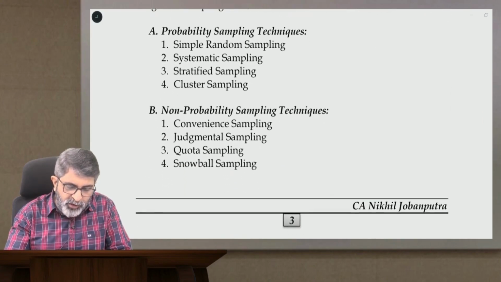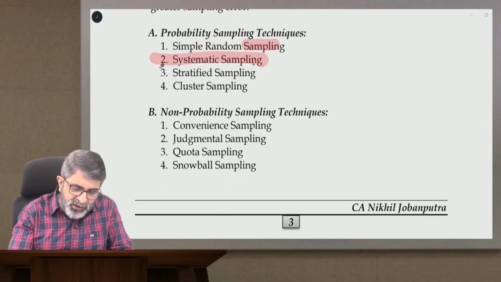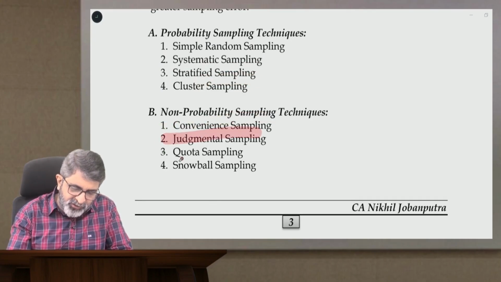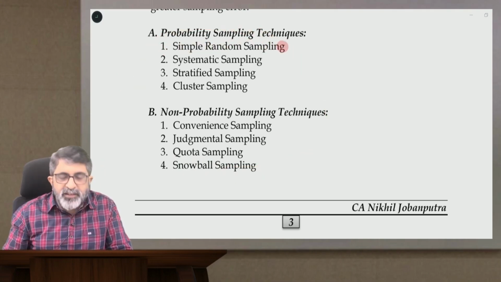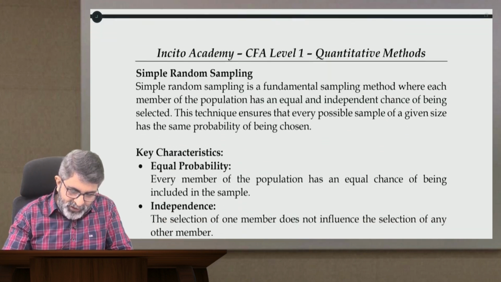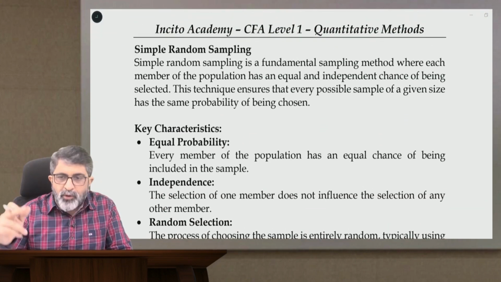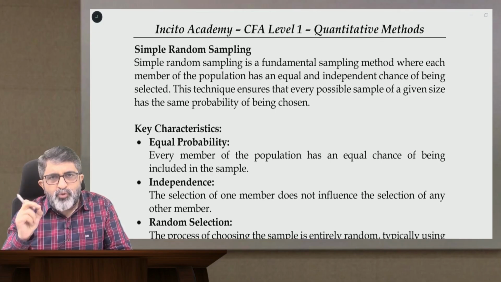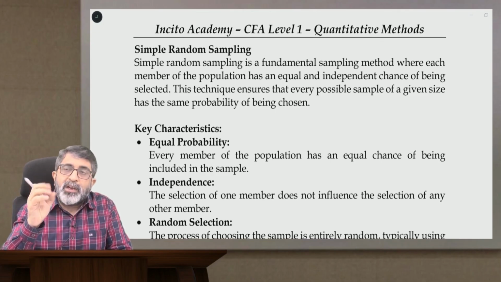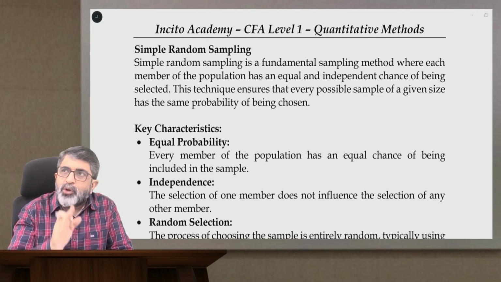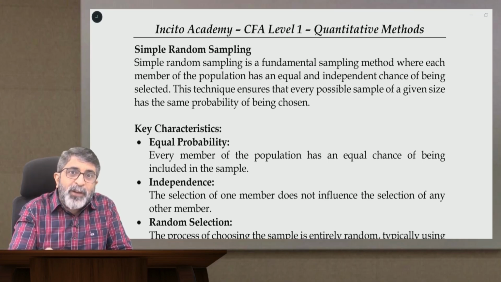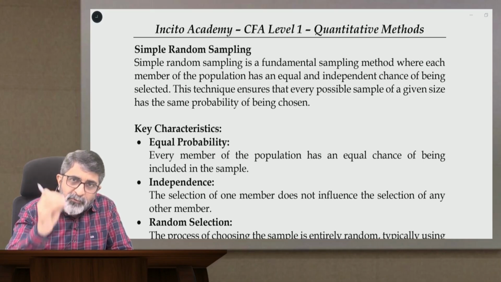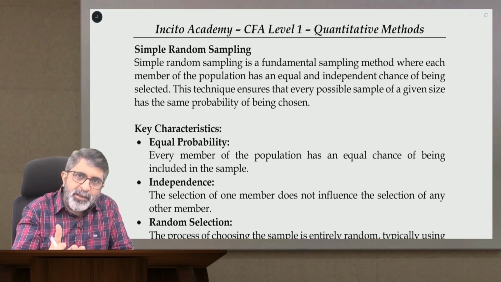This is how you make the broad categories for probability and non-probability sampling. But our focus will be to understand each of these sampling techniques. I'm sure you have already written this whole thing. So we start with simple random sampling. When I was explaining what exactly probability sampling is, simple random sampling is the most effective way of probability sampling.